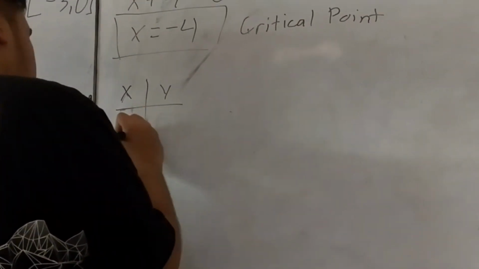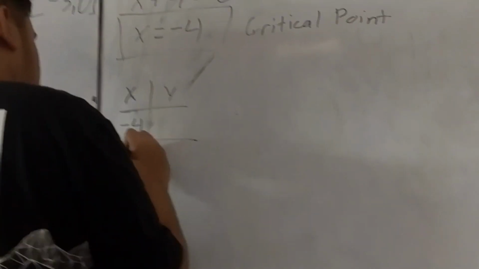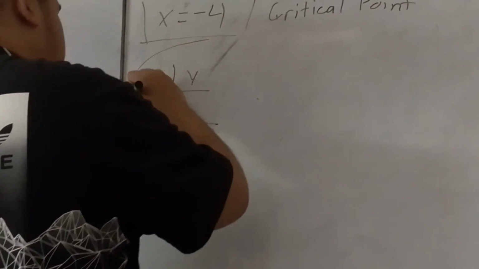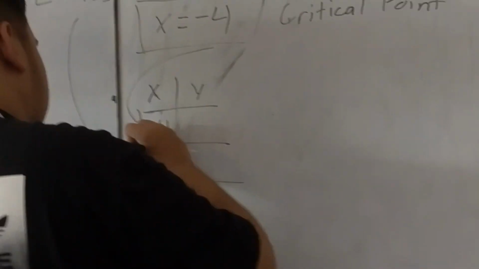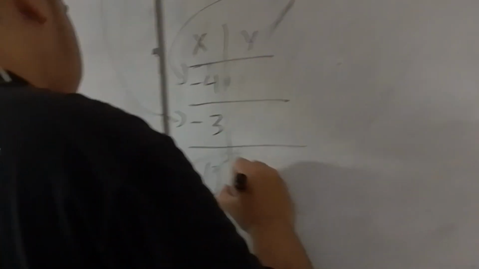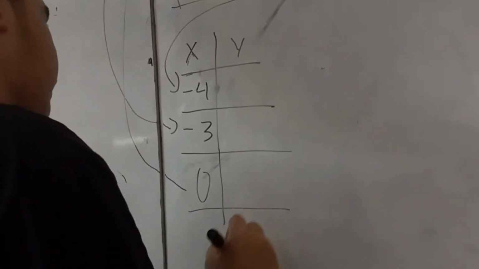For the x, we have negative 4, negative 3, and 0.